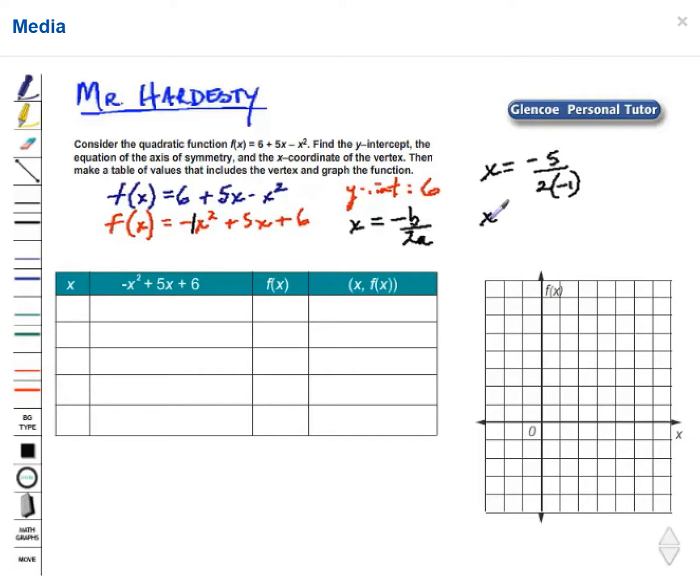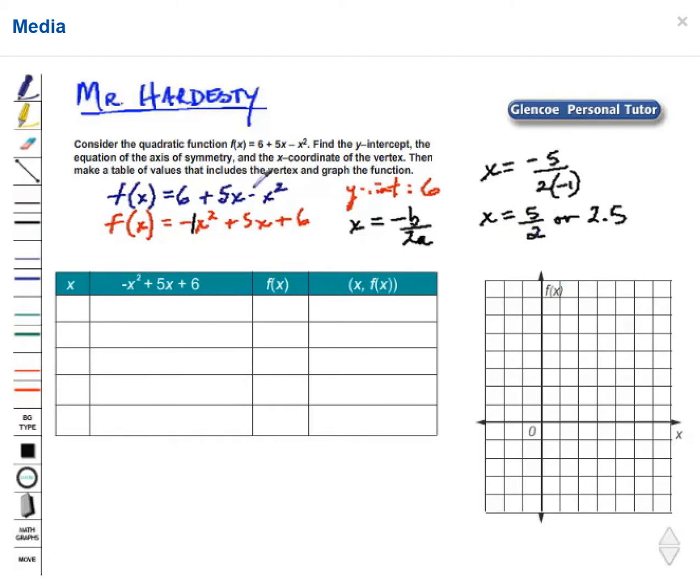We'll simplify, and we'll get 5 over 2, which is the same as 2.5, or 2 5/10. This means our axis of symmetry is x equals 5 halves, and it also means that the x-coordinate of the vertex is the same, 5 halves.